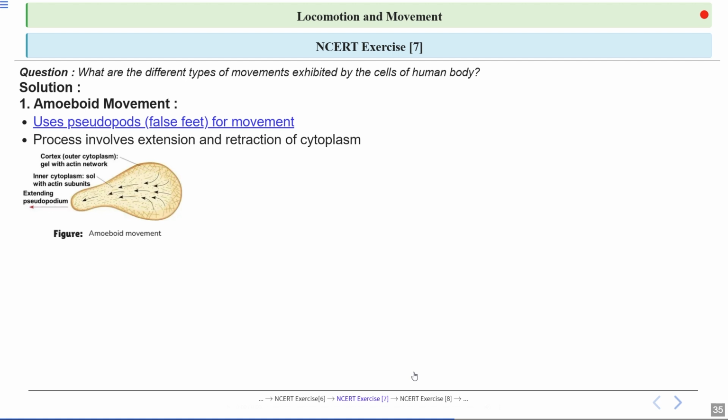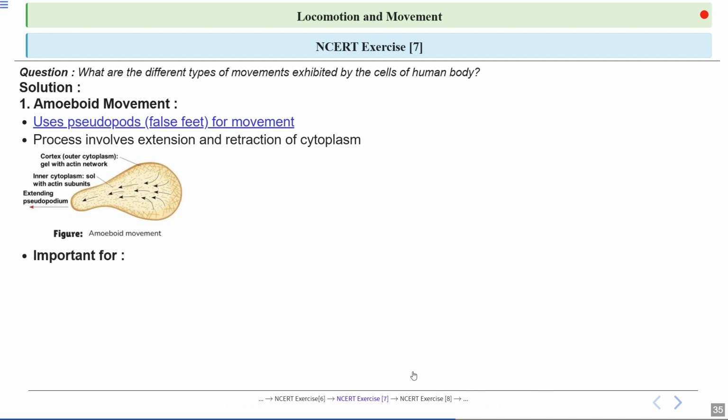It contains gel with an actin network. Then you can see the inner cytoplasm, where the gel is present with actin subunits, and further we can see the extending part, which is called the pseudopodium, that helps them to move. This diagrammatic view shows how amoeboid movement takes place.